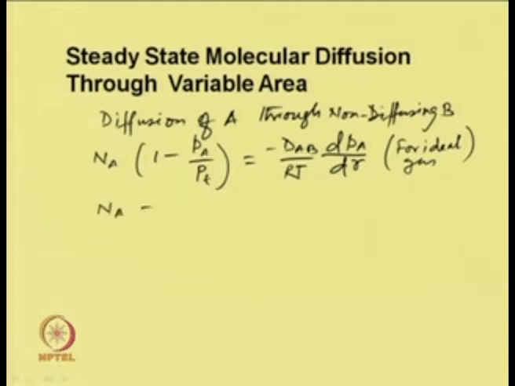You can write the flux N A cap by 4 pi r square, which is the area. So, now we can have the relation between these two. We can substitute this N A over here.